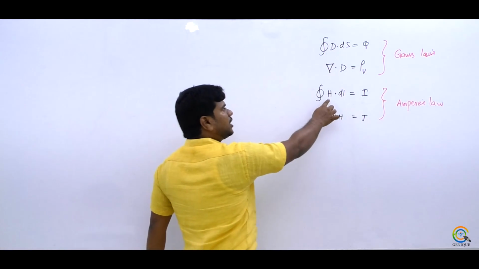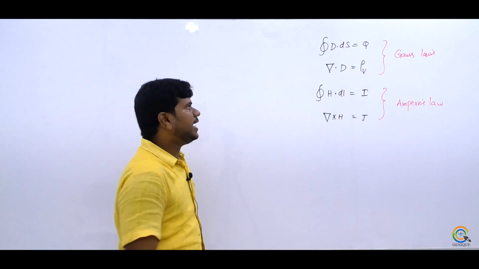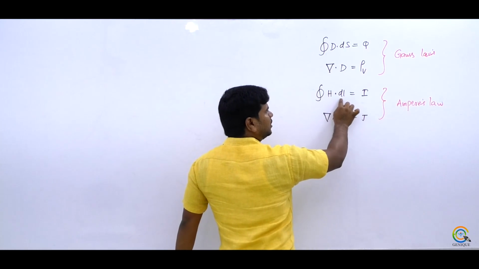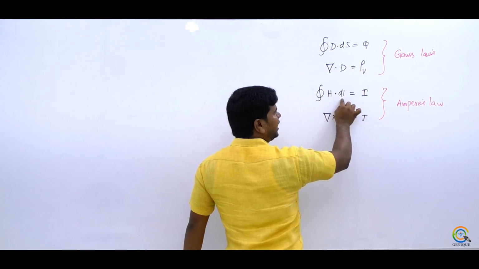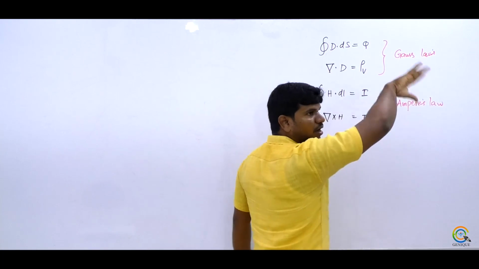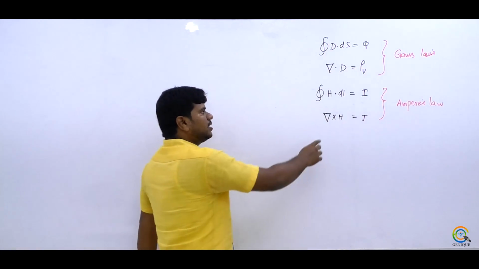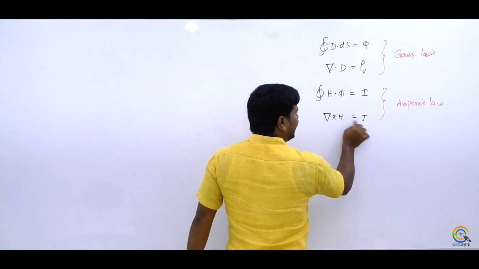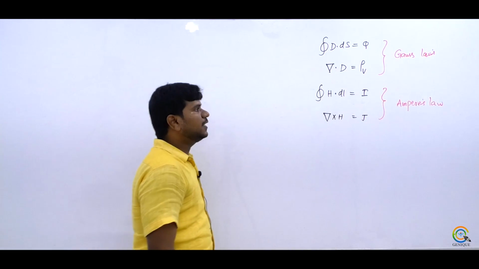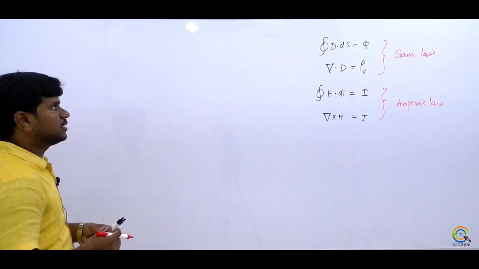Here the circulation of the magnetic field in any closed length is equal to the current crossing the surface. Here the curl of the magnetic field intensity is the current density. So these are the very, very important results.